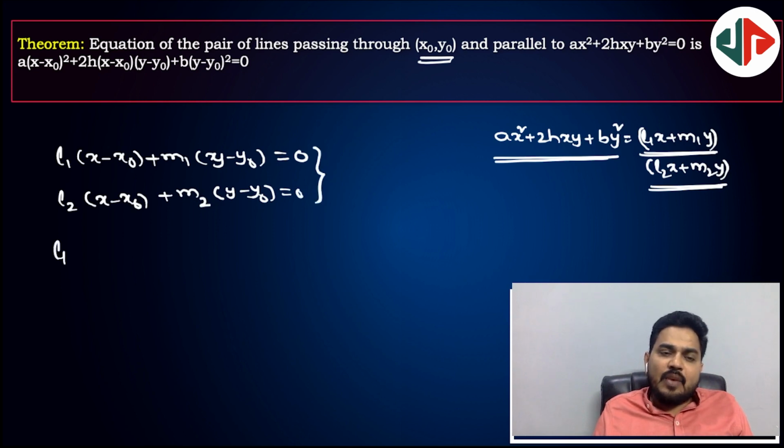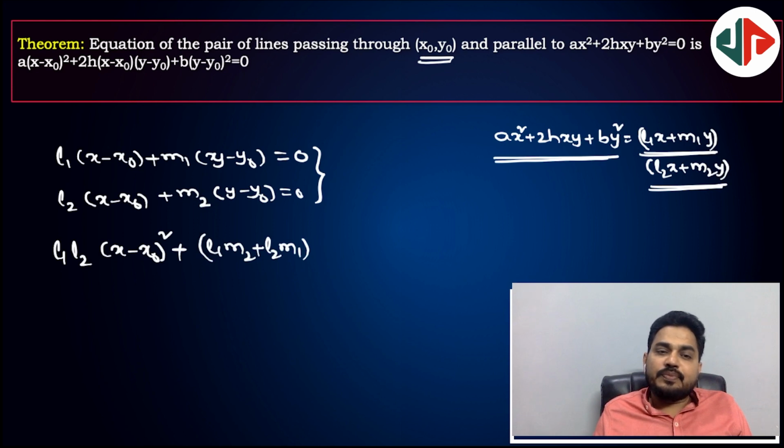That is L1 L2 into (x minus x naught) whole square plus (L1 M2 plus L2 M1) into (x minus x naught)(y minus y naught) plus M1 M2 into (y minus y naught) whole square is equal to 0.